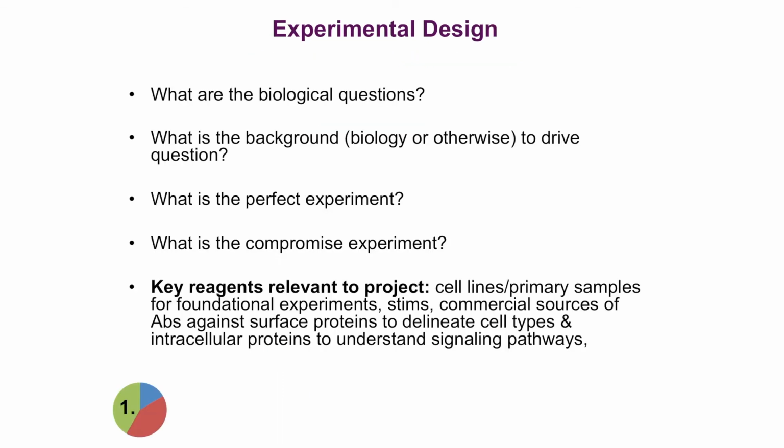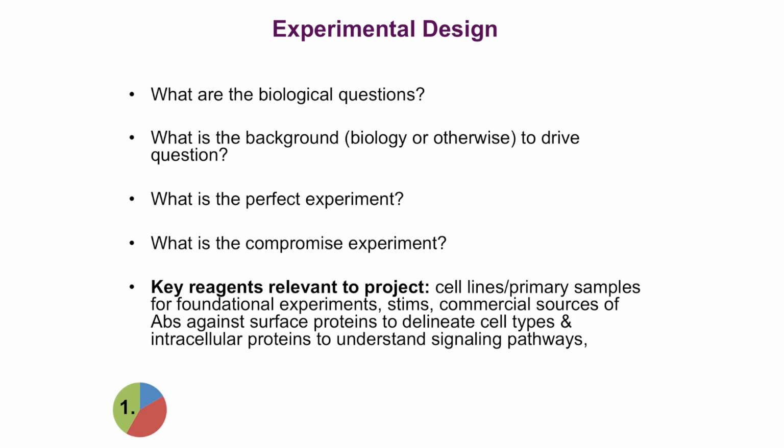It's really important, like in every experiment, to define the biological question. And because it's a complex technique, you want to know what the perfect experiment is, but also what could be the compromise experiments.